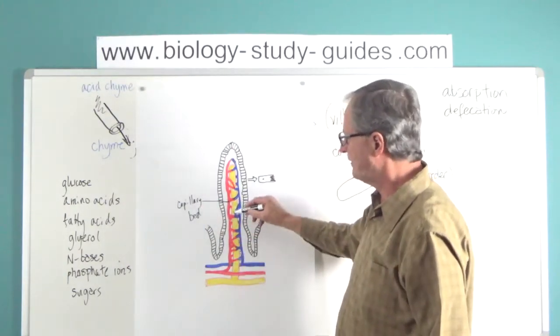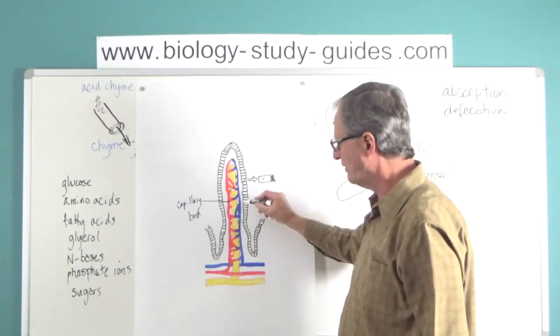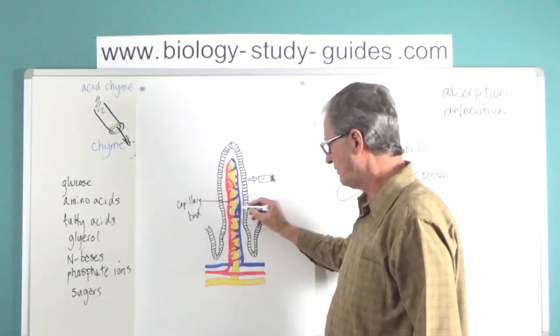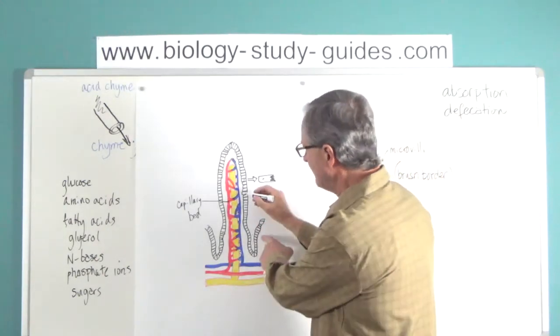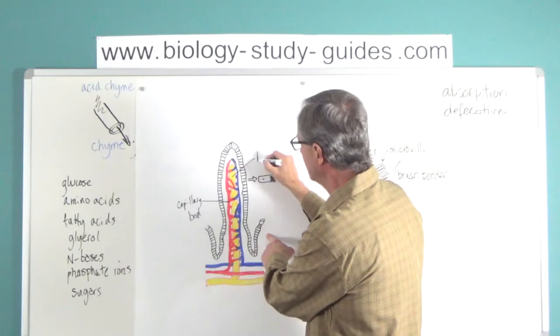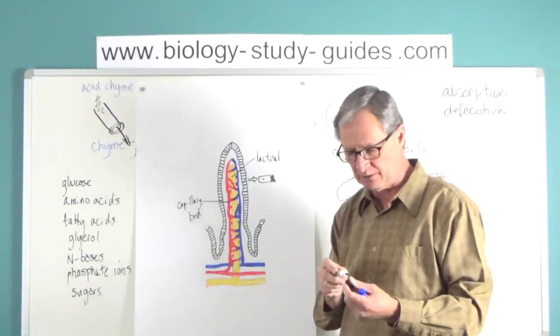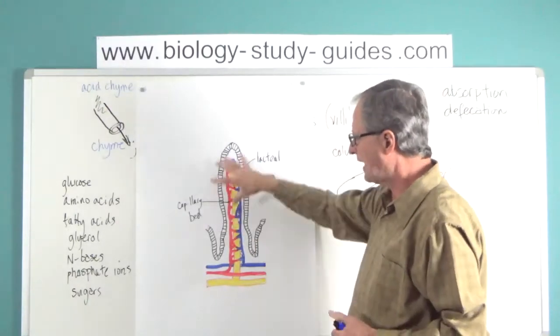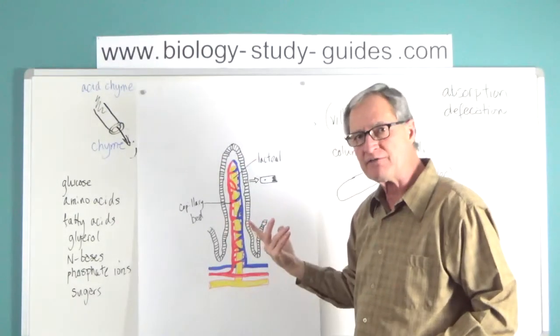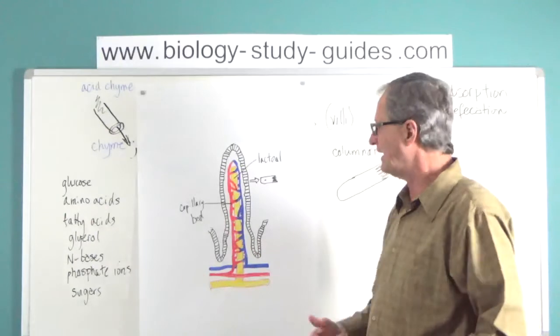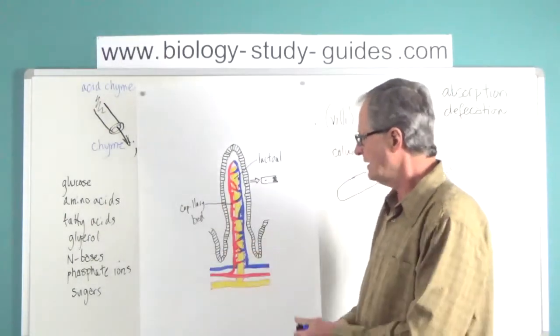I tried to represent the arterial side of it in red and the venule side of it in blue. We have this other thing in the middle here, and that's called a lacteal. Each of these two types of structures inside the villus absorbs a different kind of digestive product.